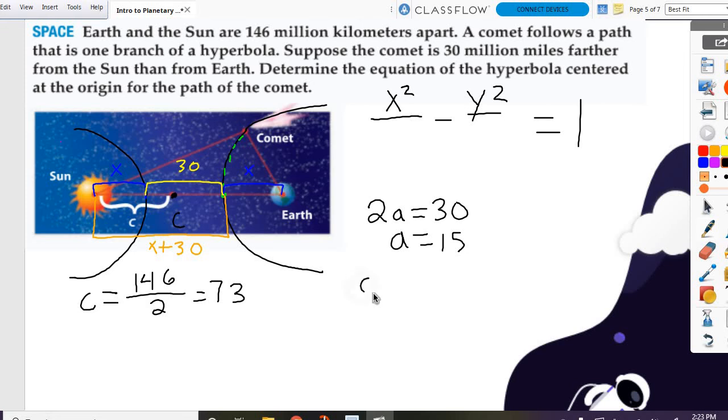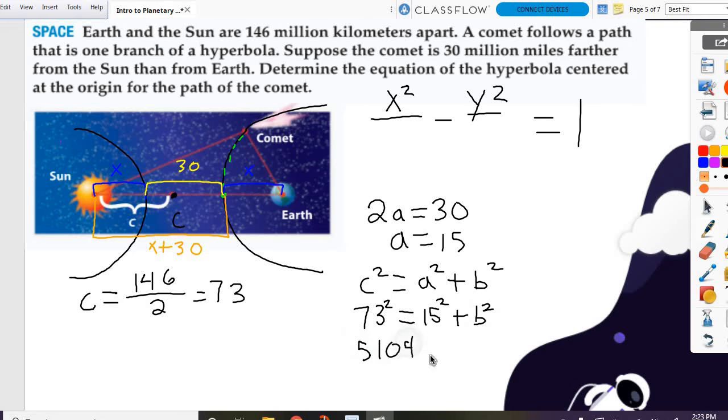Then, just like before, once we have a and c, we can use our relationship to solve for b. The important thing to remember is that with our hyperbola, it's a squared plus b squared, and with our ellipse, it's a squared minus b squared.